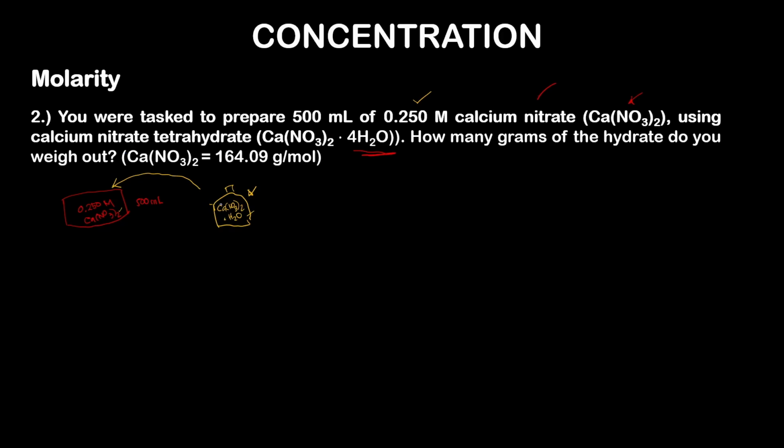So with this type of question, let's start with the final concentration we should prepare. Okay, you are tasked to prepare 0.250 molar or 0.250 moles per liter, and that is moles of calcium nitrate, not calcium nitrate tetrahydrate.